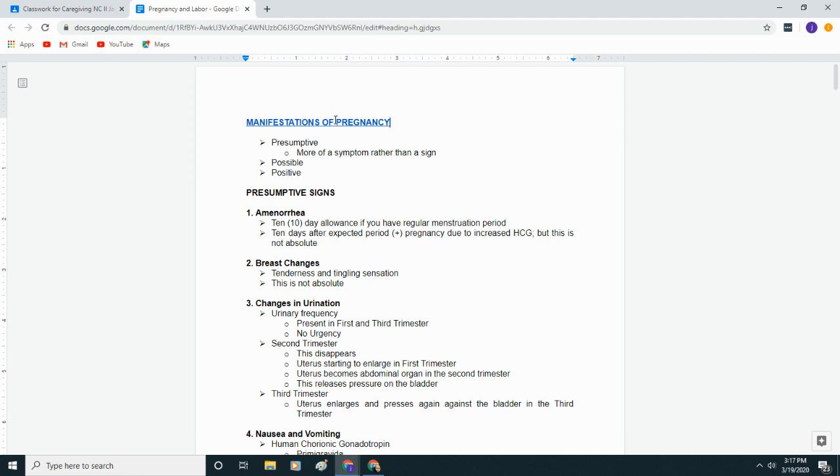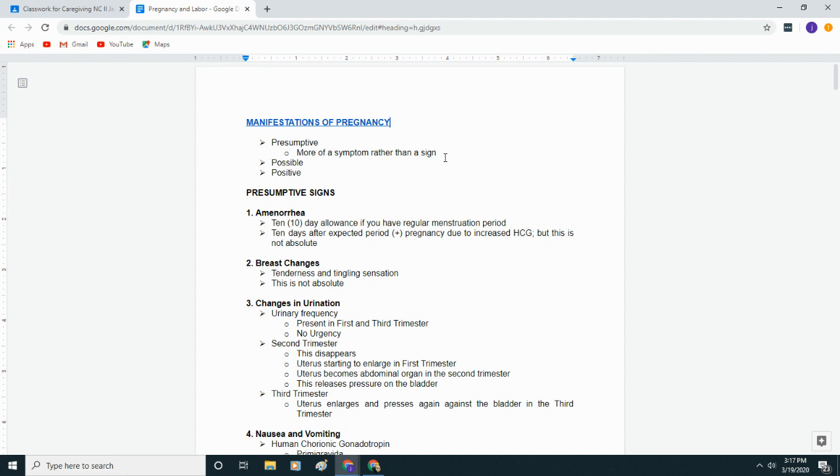We have three kinds of signs and symptoms or manifestations of pregnancy. One is presumptive, the other is possible or probable, and number three is positive. Presumptive means it is more of a symptom rather than a sign. What is the difference between a symptom and a sign? A symptom is what the patient felt.